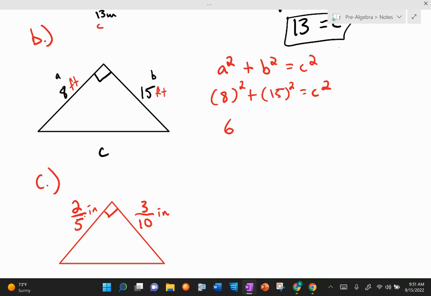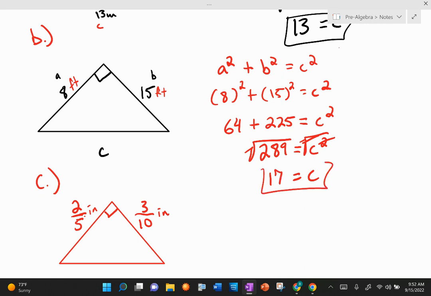So 8 squared is going to be 64. 15 squared is going to be 225 equals c squared. 64 plus 225 is going to be 289. Solid. Okay. 289, luckily for us, is also a perfect square. What is the square root of 289? 17. This is actually so cool. Good.